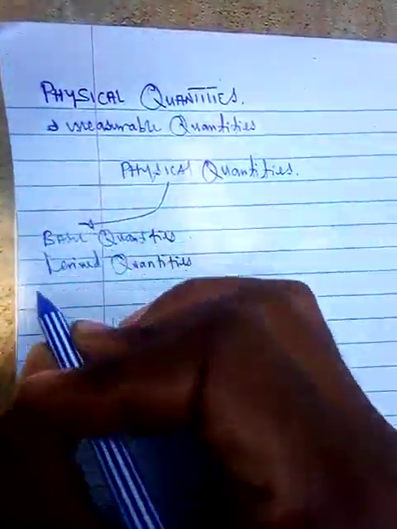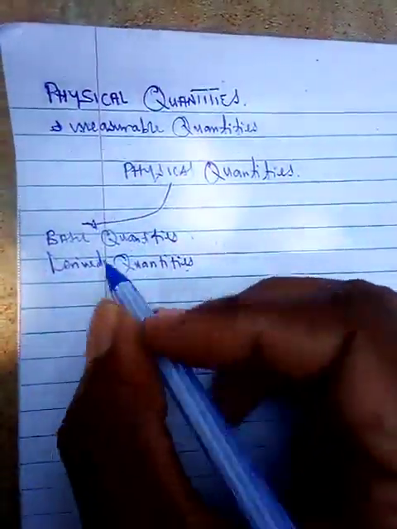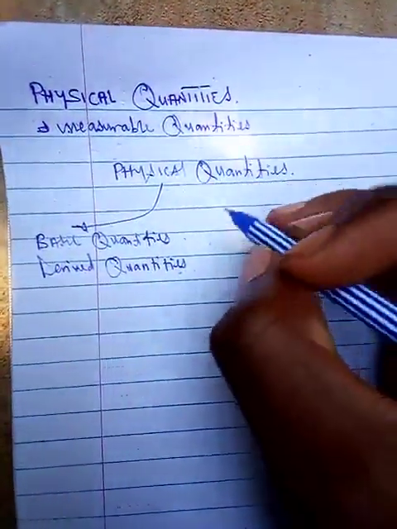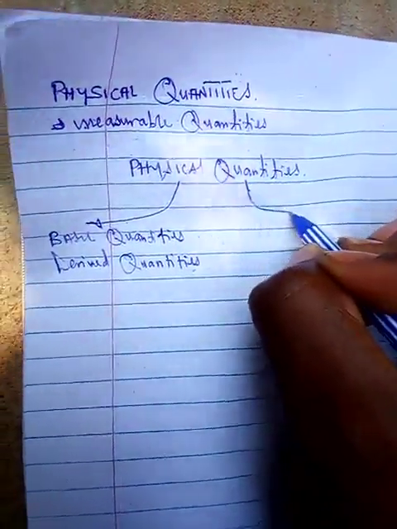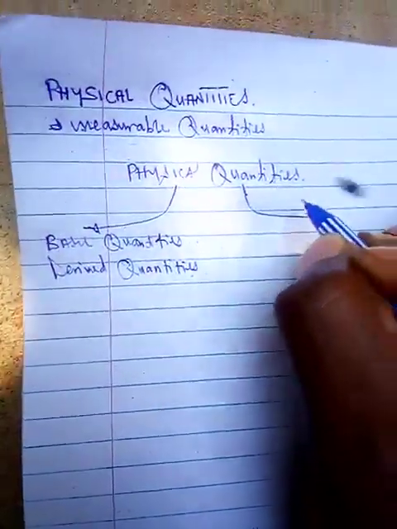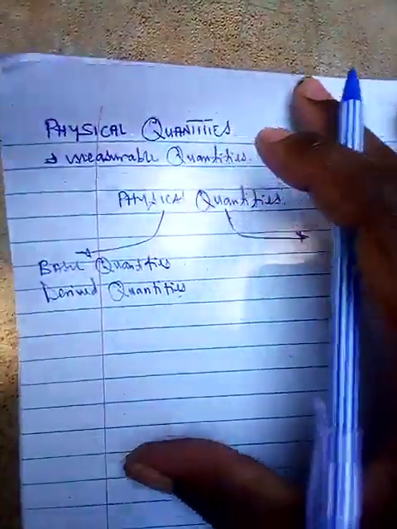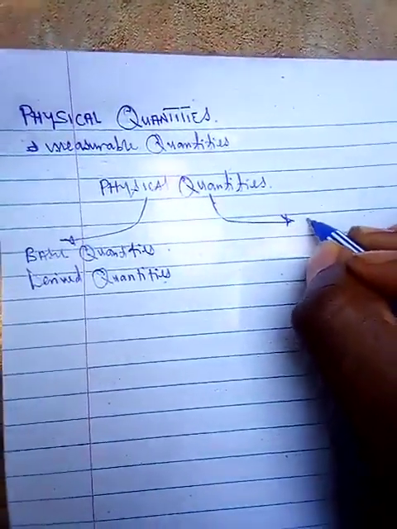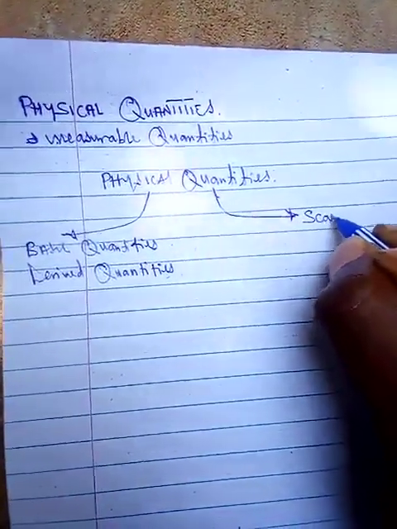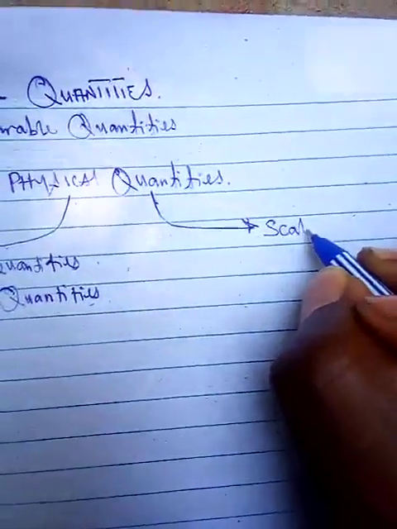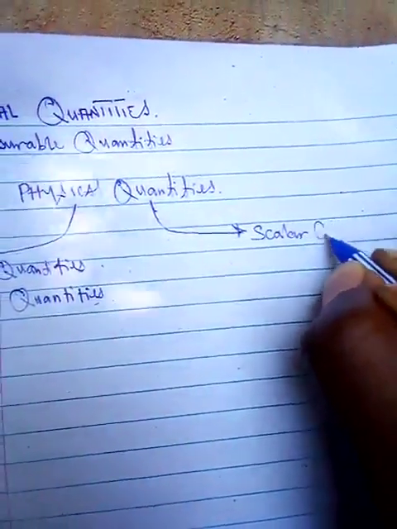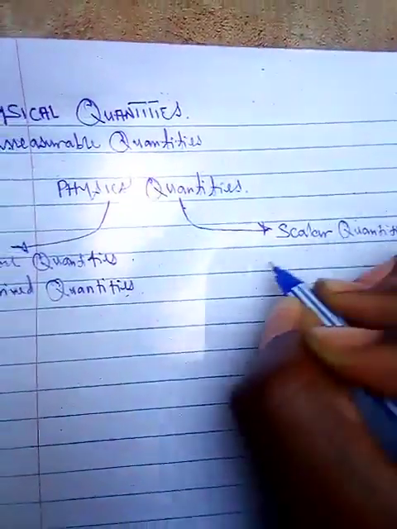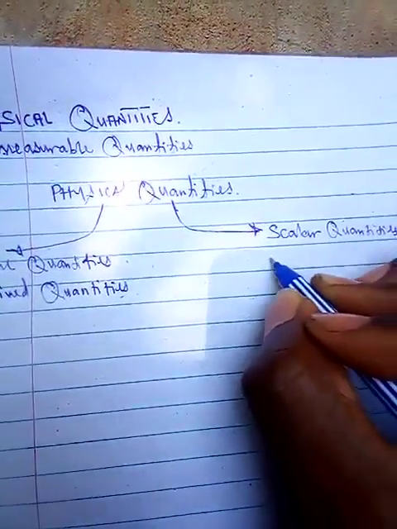Apart from expressing them as either basic quantities or derived quantities, in terms of magnitude and direction, physical quantities can be expressed as either scalar quantities or vector quantities.